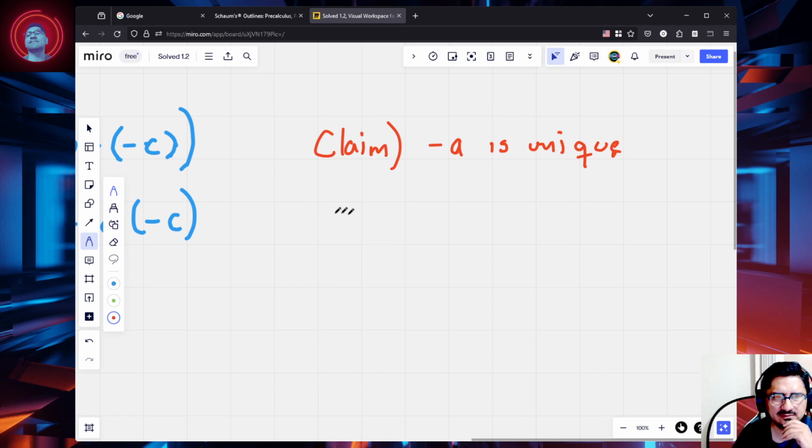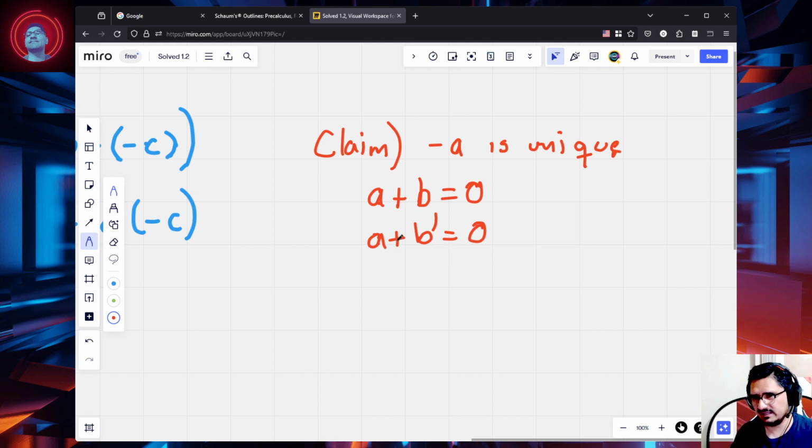So assume that we have two numbers with the same property. Let's say that we know this, and let's assume for a moment that there is another number b prime, not confused with a derivative. That's not the case. In this case we have this number.